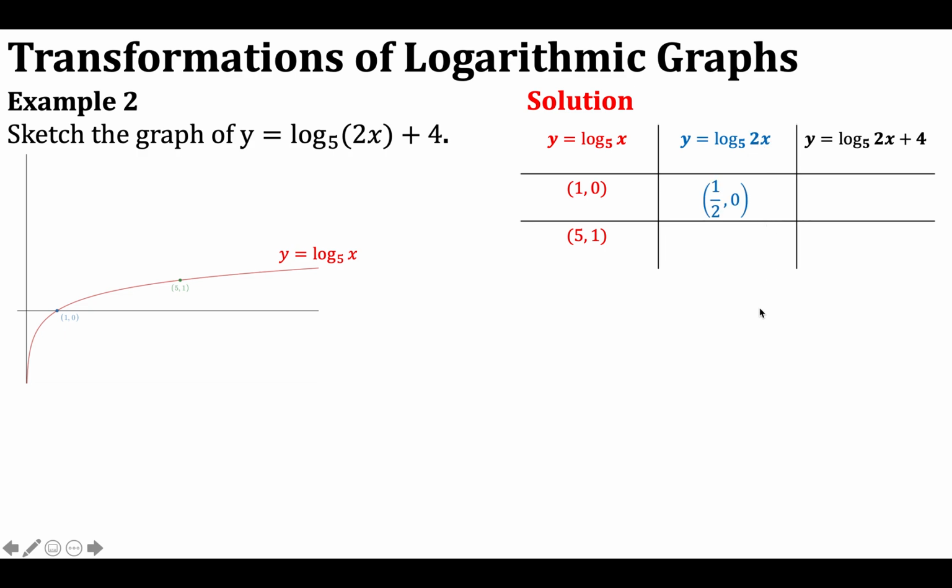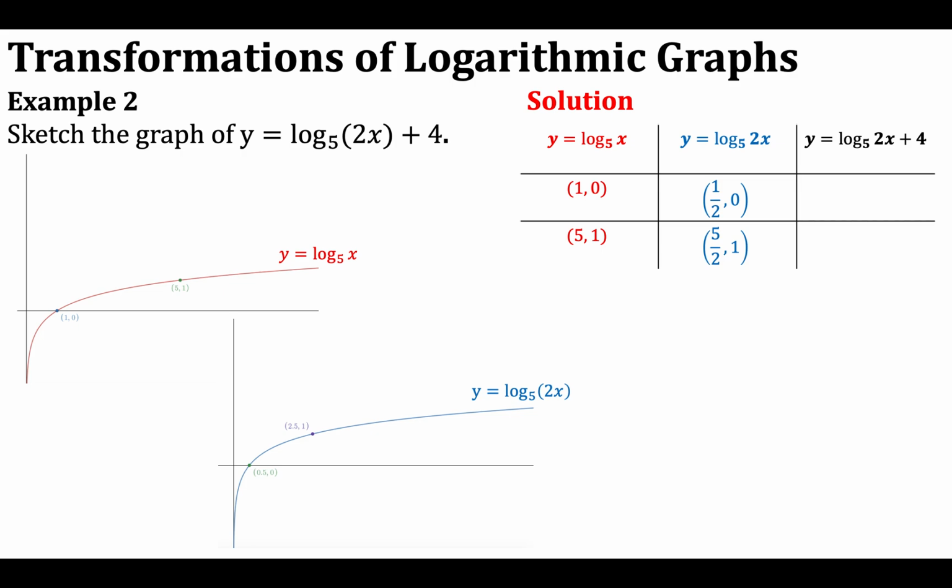So we get (1/2, 0), and our second point will be (2.5, 1), which is (5/2, 1). And at that stage, we could sketch our graph of y equals log to the base 5 of 2x using those 2 points. So you can see that that horizontal compression has happened.